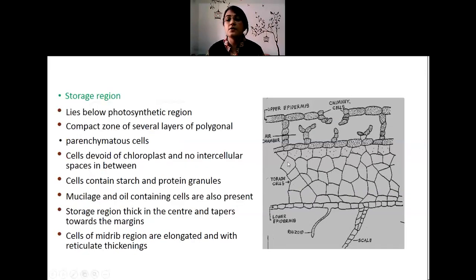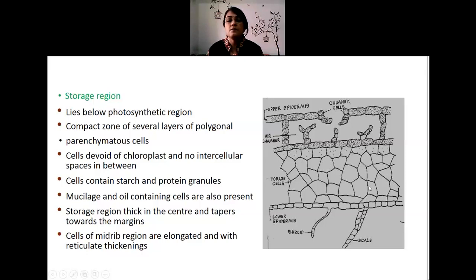Followed by that, we find the storage region, which lies below the photosynthetic region. It is a compact zone of several layers of polygonal parenchymatous cells, compactly arranged. The cells are devoid of chloroplasts, and there is no intercellular space in between. Each cell contains starch and protein granules.